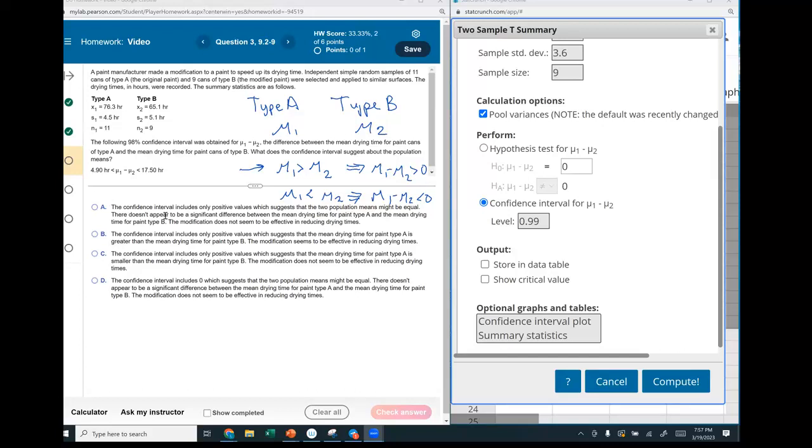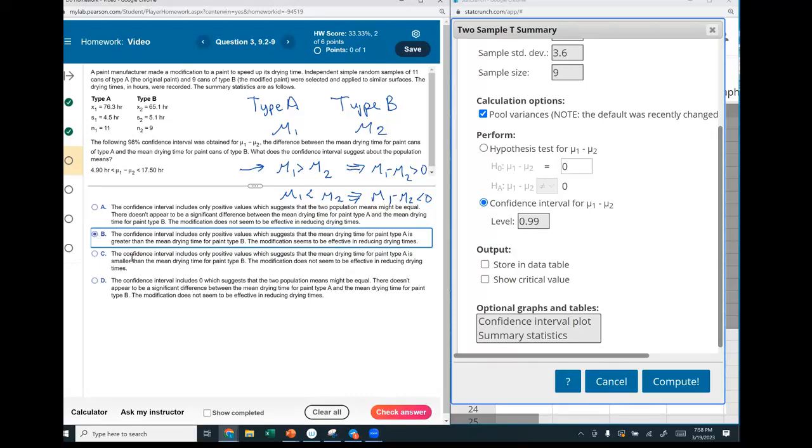They would only be equal if one was negative and one was positive and there was a 0 in between. So it's not that. The confidence interval includes only positive values, which suggests that the mean drying time for paint A is greater than the mean drying time for paint B. The modification seems to be effective in reducing drying times because we modified type B. That looks like the right answer.